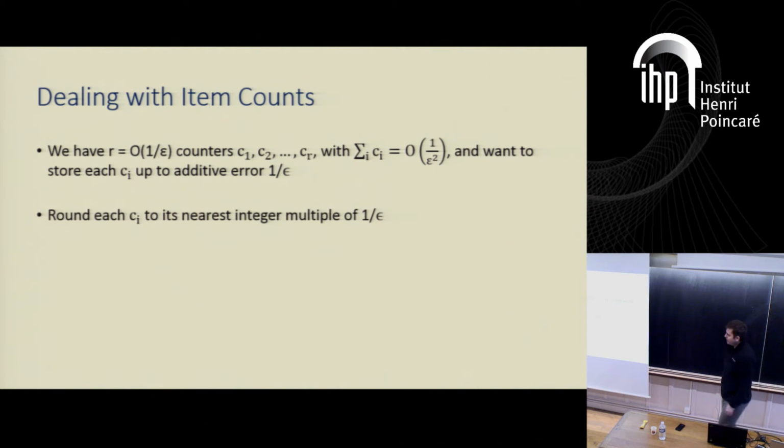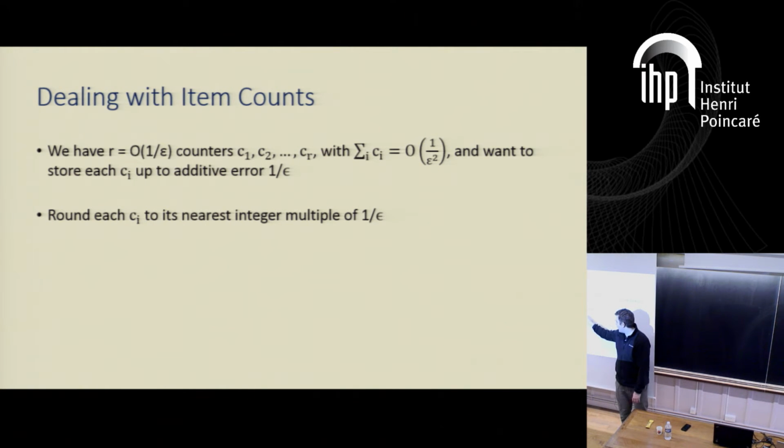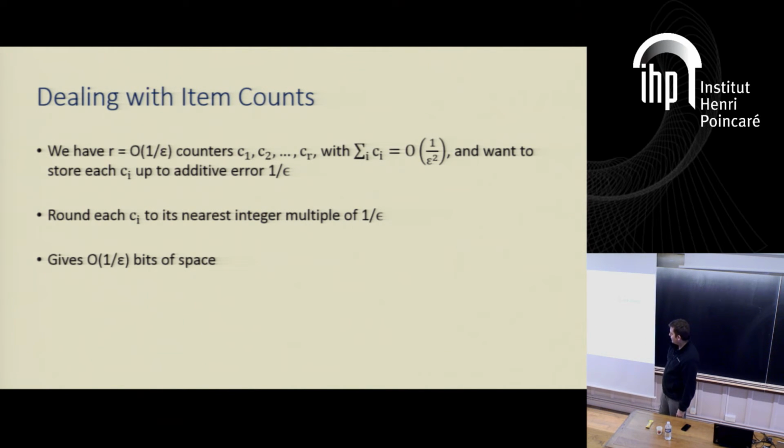Let me just say why this should be possible, because it's possible in the offline setting to compress these counts. Suppose I just take each count, Ci, and round it to its nearest integer multiple of 1 over epsilon. Then I'll get additive error 1 over epsilon, and this gives order 1 over epsilon bits of space.